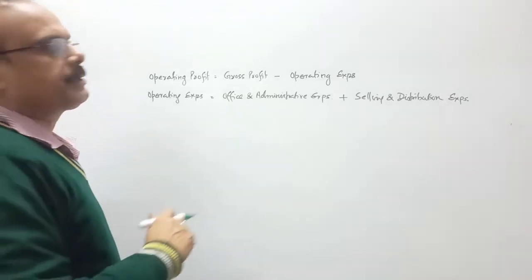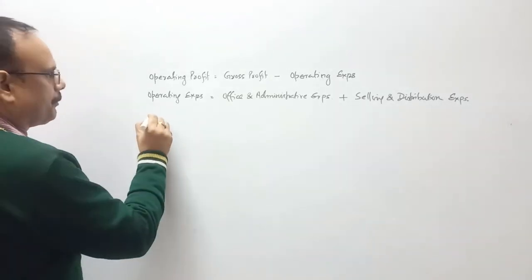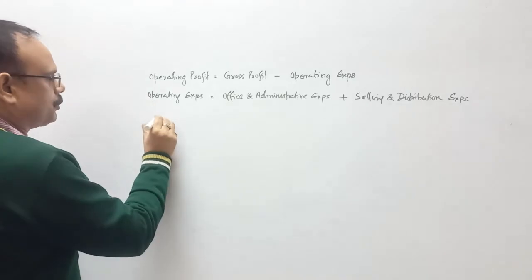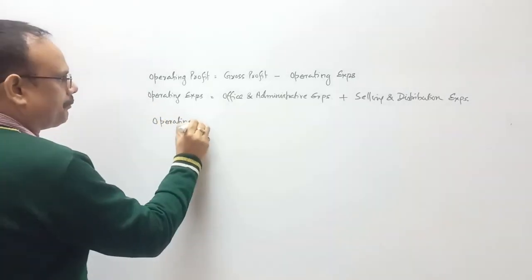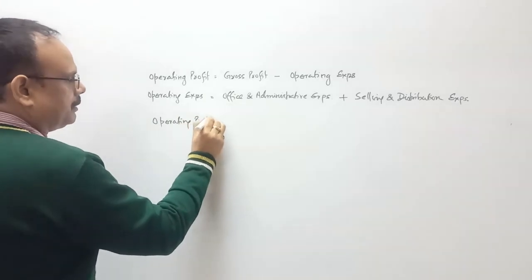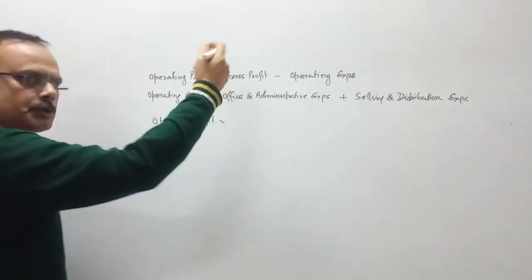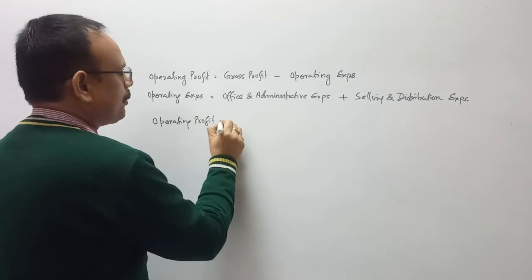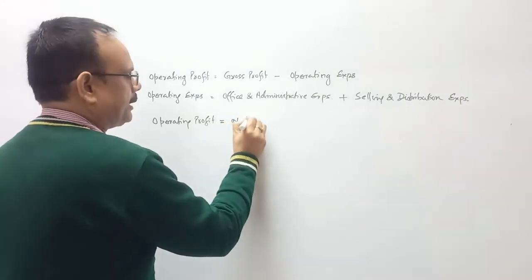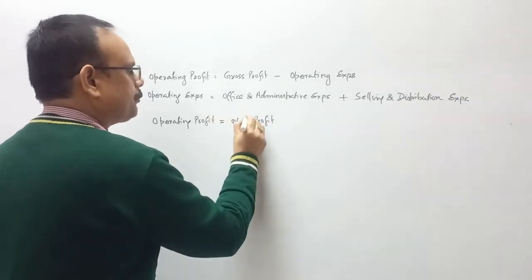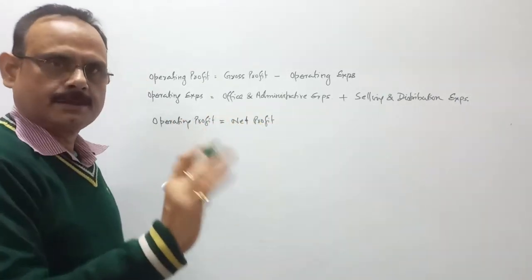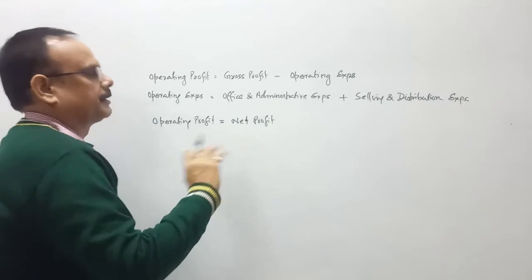We also calculate operating profit from the net profit side. Here I have calculated from the gross profit side. If the net profit is given, you know that to calculate the net profit we deduct all expenses. So now we will revert.